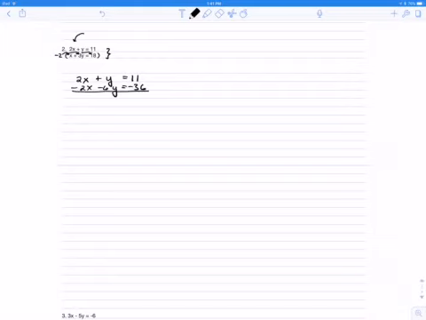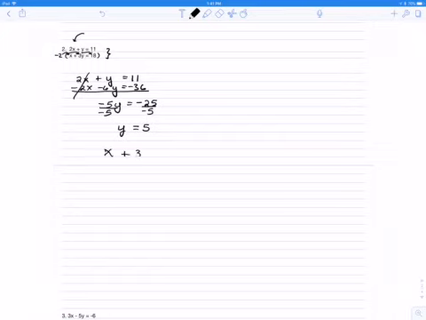Now when I add the equations, as planned, the x's drop out. I'm left with a negative 5y equals a negative 25. Solving for y, I find that y is equal to 5. Now to find x, pick either of the other equations. I'm going to pick the equation where the coefficient of the x is just 1.